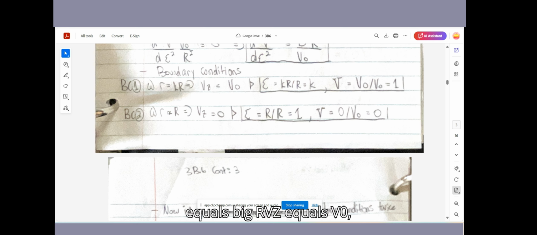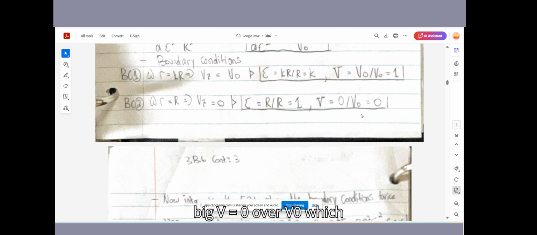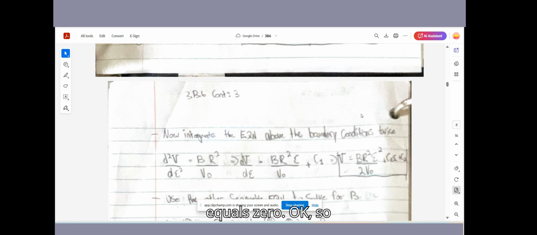At r equals big R, little r equals big R, so epsilon equals big R over big R, which is 1. And big V equals VZ over V0. In this case, VZ equals 0, so big V equals 0 over V0, which equals 0.